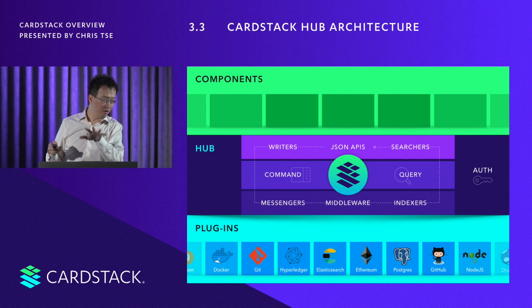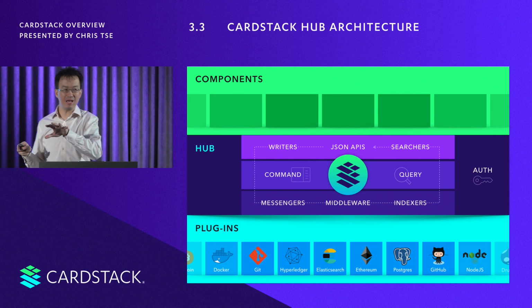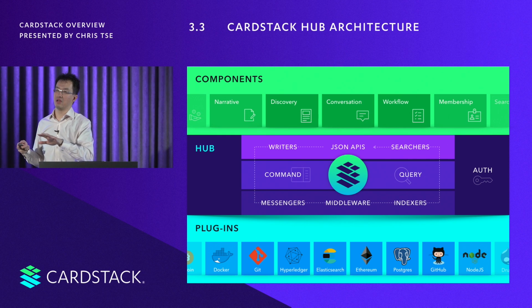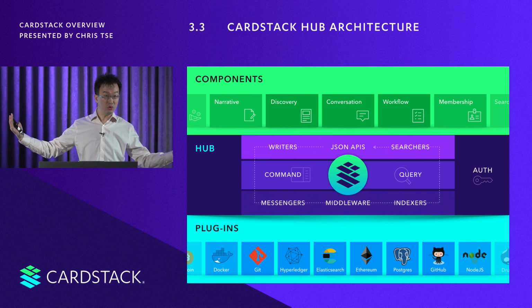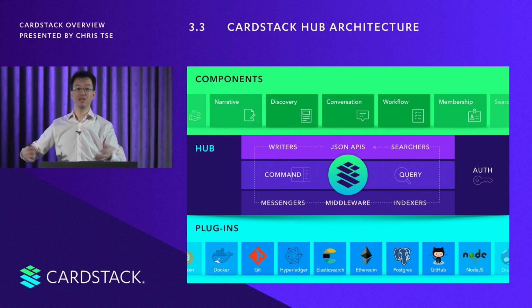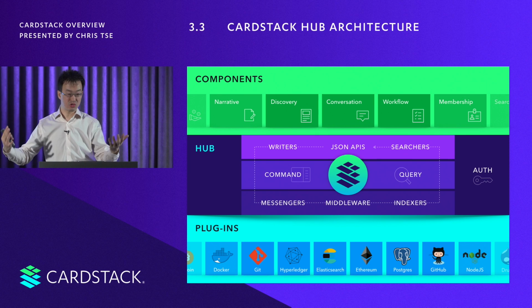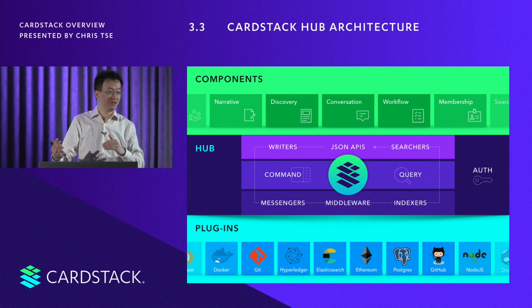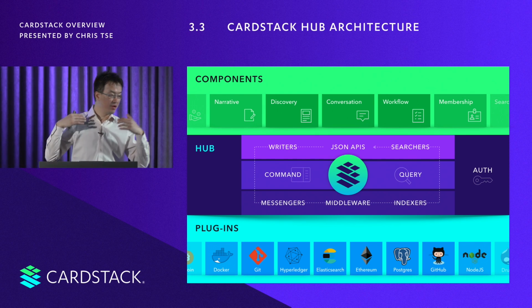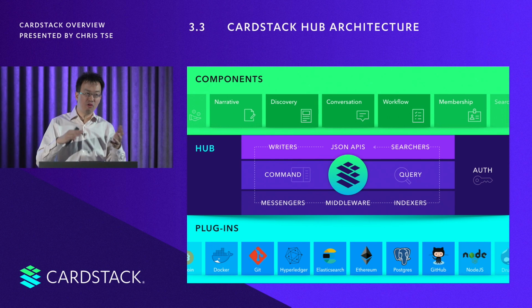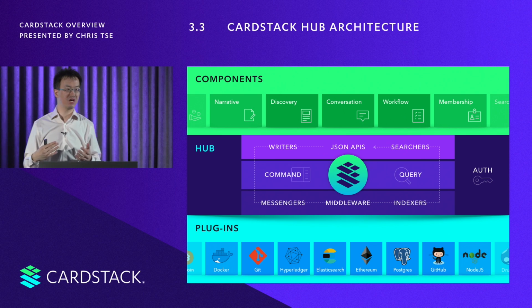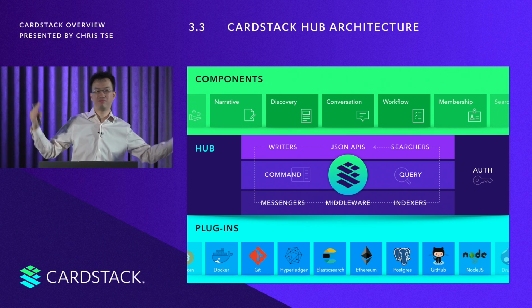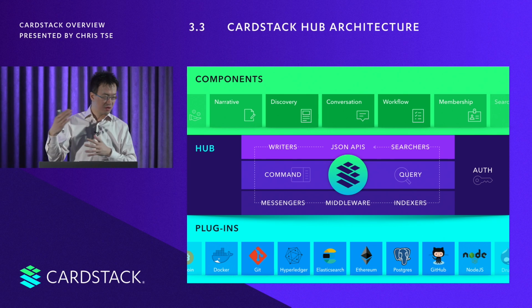But the cool thing about all of these plugin architectures sitting behind the hub is that on top of this, you don't really worry about any of these things. You just ask the question, what would you like to do with all this data that you can query that is uniform, and you can now tell stories in a narrative sense, to find things, create your own personal news feed, to chat with people, not just for fun, but to be able to negotiate deals where the end result of that transaction is a licensing multi-hundreds of thousands of dollars, million transaction, registered on the blockchain or registered with an enterprise system.